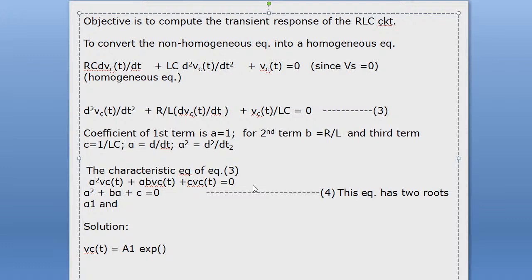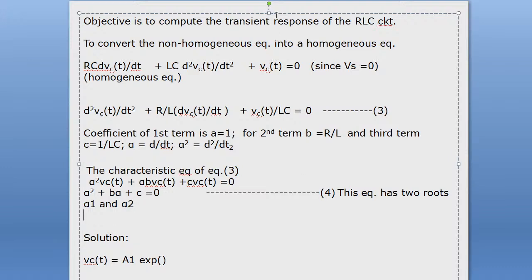Now you tell me the expression of alpha 1 and alpha 2. Therefore alpha 1 equal to, we can write, minus b plus root over b square minus 4ac, divided by 2a. Everyone write it yourself.